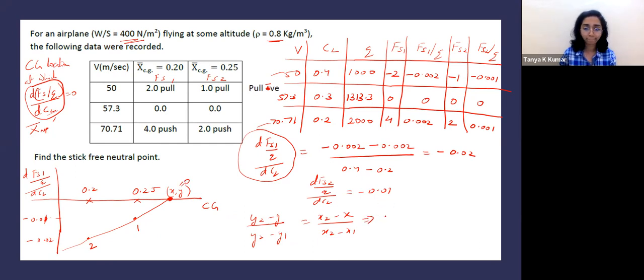Y2 is minus 0.02 minus 0, minus 0.02 minus y1, is equal to x2 is 0.2 minus x, by x2 is 0.25. So what is the value of x? Okay, this is 0.25.